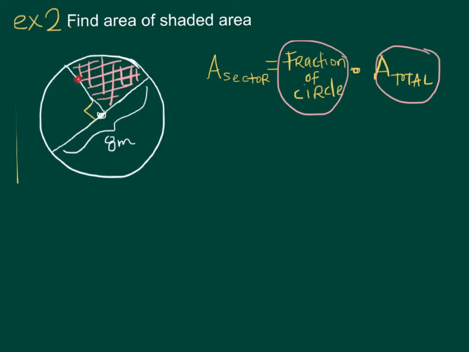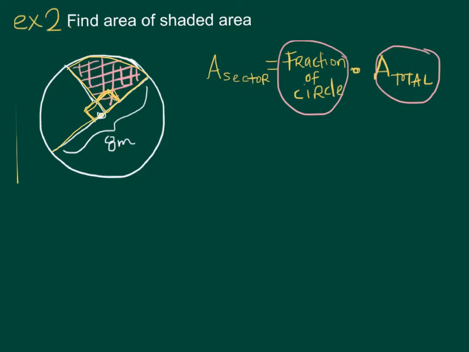So let's start by finding the fraction of the circle. When I look at this section, I have to ask myself, how much of the circle is it? So this portion right here is directly related to the central angle that it creates. Now this is a right angle, and because this is a straight line, I know this is a right angle also.